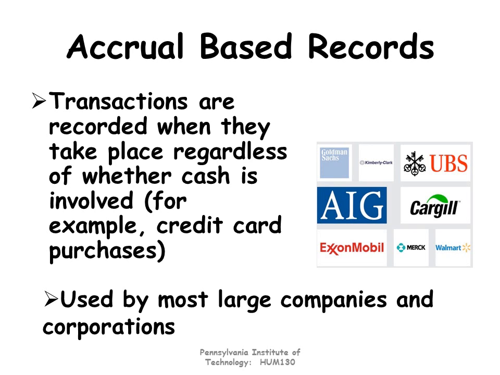If we were using accrual-based records, she would mark that down in her ledger as happening 4 days ago. The fact that the cash is not going to change hands till today is irrelevant. It's when the actual transaction takes place. So when I order something, that's when the accrual-based record kicks in. This is used by most large companies and corporations. So the bigger the company, the more likely they are to use these accrual-based records.